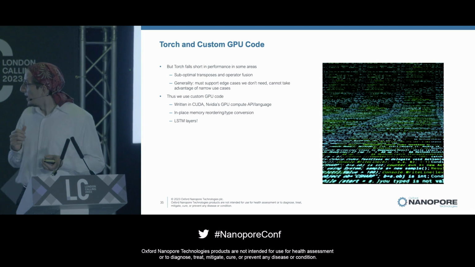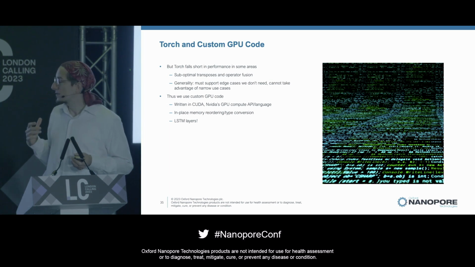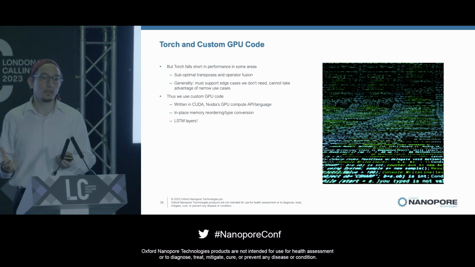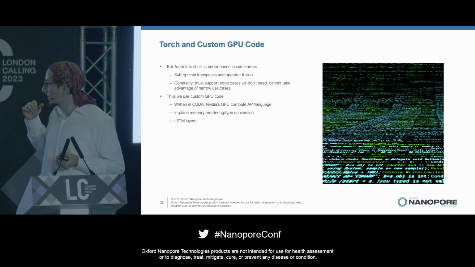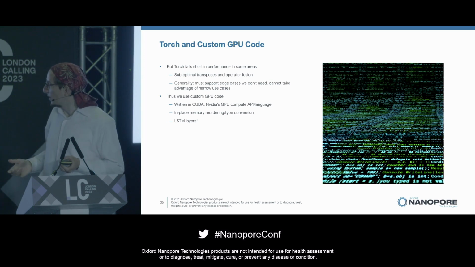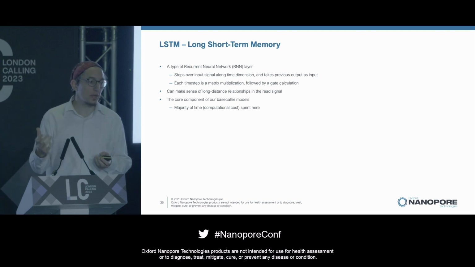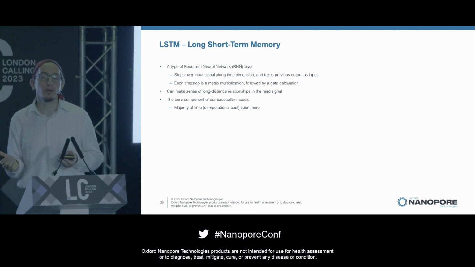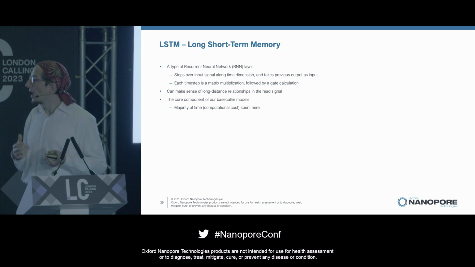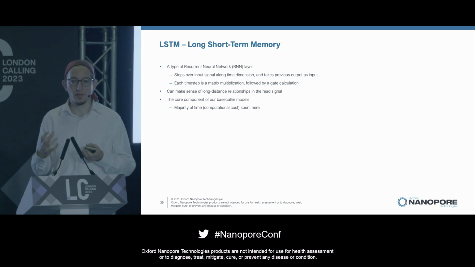So there are some operations where we really need to use hand-optimized code, and that's especially true for our LSTM layers, and I'll go into that. LSTM is a recurrent neural network layer, as Mark mentioned. We use them, and LSTM for us is really the core component of our base call models.